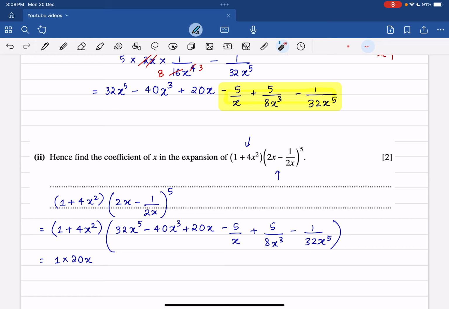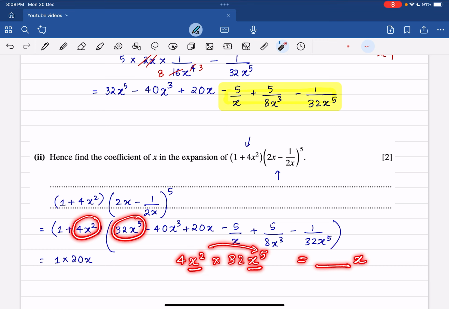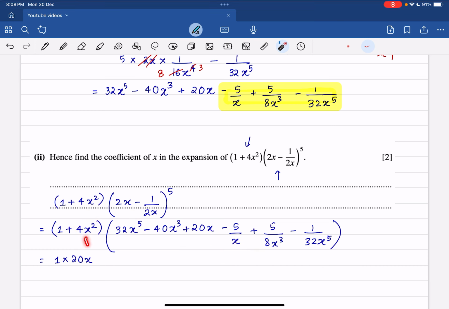I want x in the numerator. Let's say I multiply 4x squared times 32x raised to 5. Both are in the numerator, so their powers get added. Eventually this will be x raised to 7, which is not what we require. So will I multiply 4x squared with this? No, there's no need.